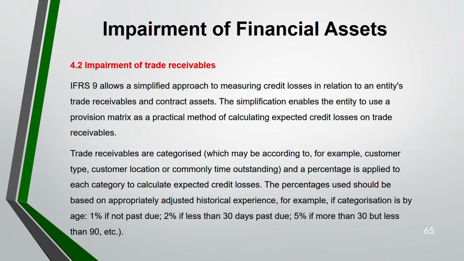But in real life, you have to make a judgment and give your own percentages. For example, if you are categorizing trade receivable by age, let's say you give 1% if not past due, 2% if less than 30 days, 5%. The longer the time period, the higher the percentage.